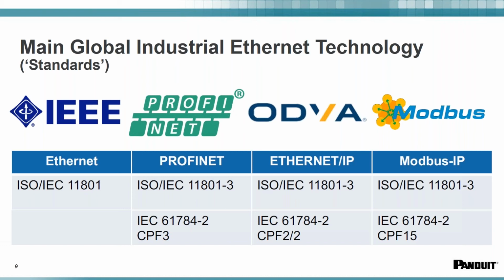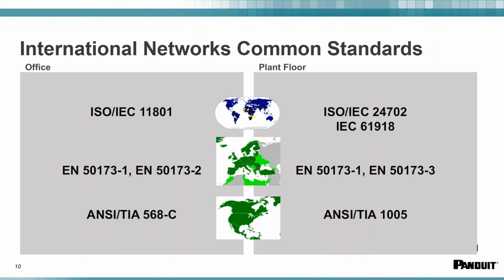If you look at the top tier of this deck, you will see that the industrial network exists under a different set of specs in the office, which is what you see on the left, and on the plant floor, which is what you see on the right. And those standards are slightly different depending on whether you are in the enterprise or the plant, and where you are in the world.